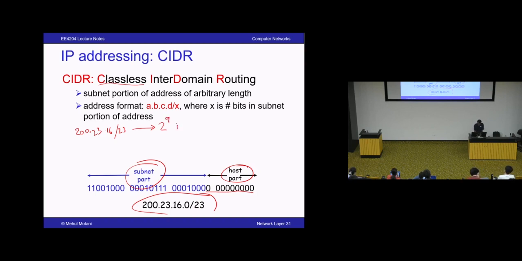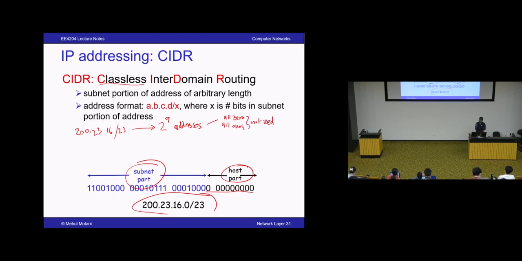There are 2 to the 9, let's say, addresses. Okay? But the all 0s and the all 1s, these two are not used.